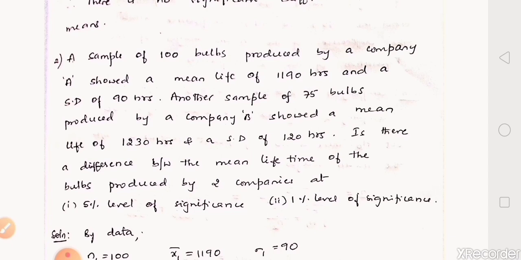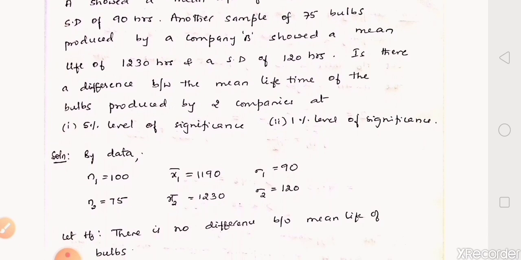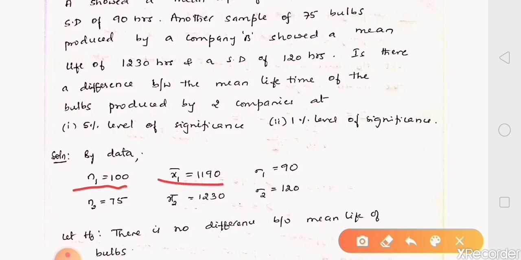It is clear that two samples are given with different means. So we can apply the formula Z along with the two means. First we will list out the data. It is given that n1 is 100 for the sample with size 100, mean is 1190 and standard deviation is 90.